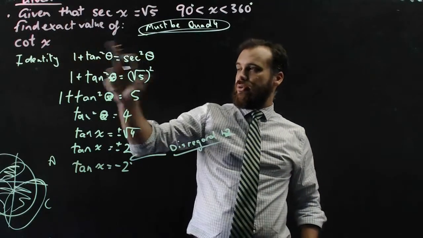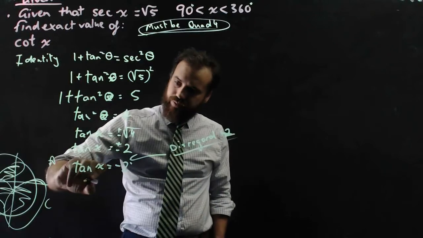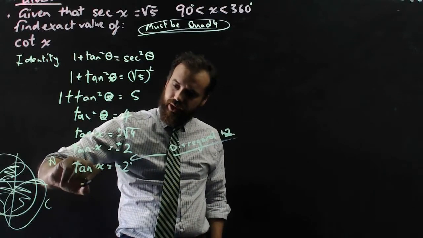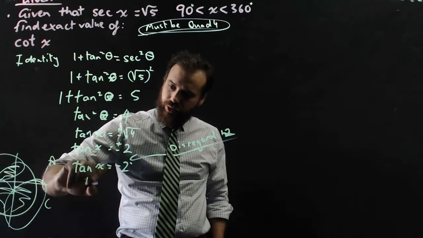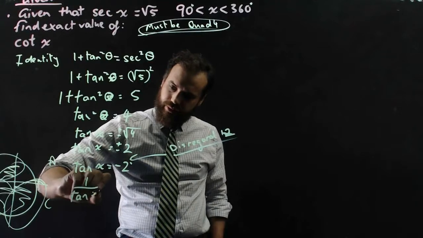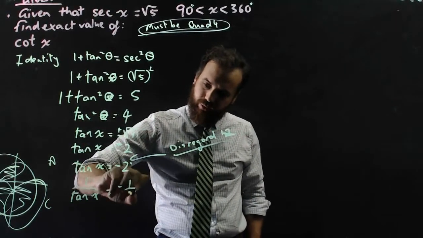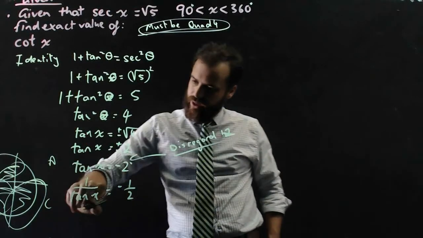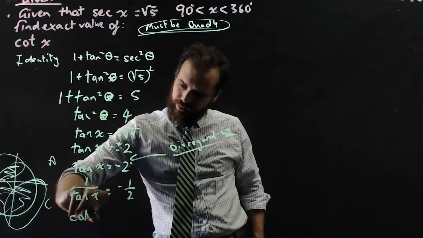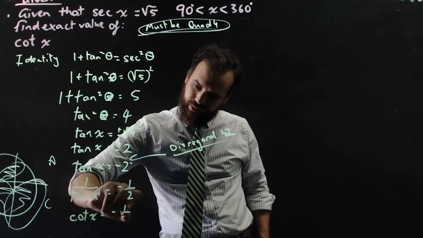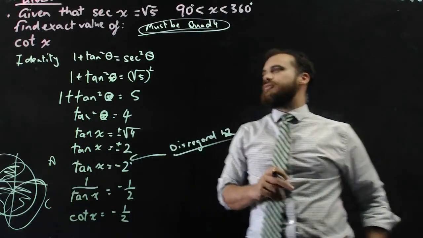So now we have an answer, tan x equals negative 2, but we want cot x. Find the exact value of cot x. Cot x is 1 on tan x, which equals negative 1/2, so cot x equals negative 1/2.